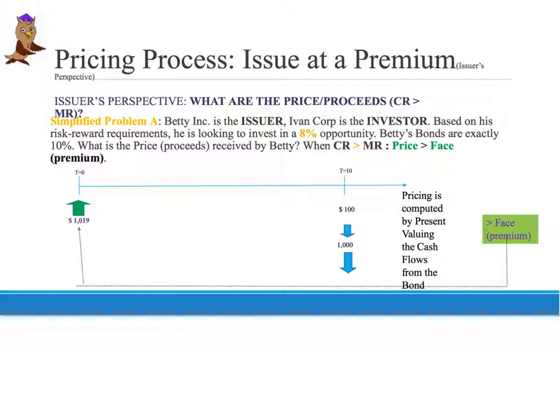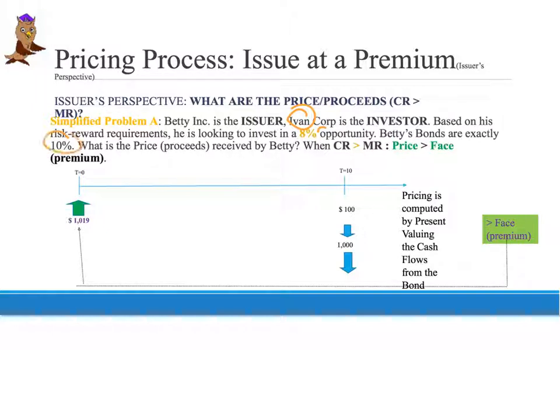When it comes to premiums, the setup is the same, except that Ivan is only requiring 8%, because competing investment options required about 8% as well. But Betty wouldn't be happy with that. She would be giving way too much.